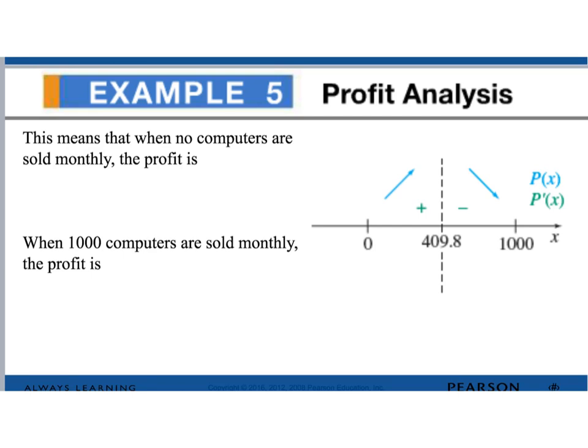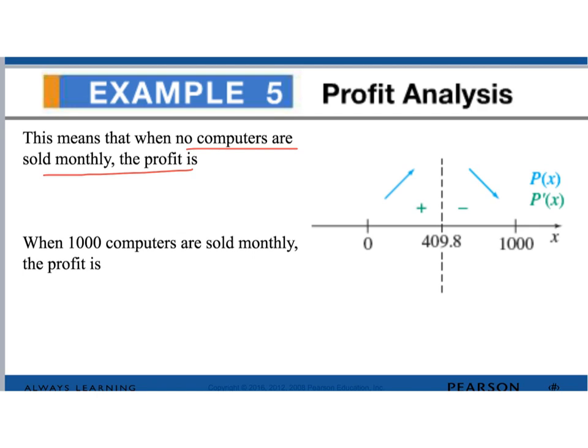So then once I graphed it on that window, this is what I saw that was confirmed. When no computers are sold, then obviously you're not going to make any profit.